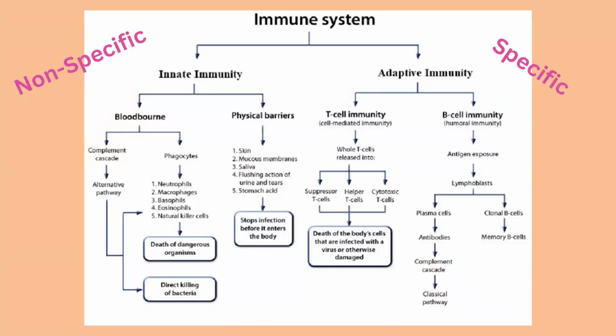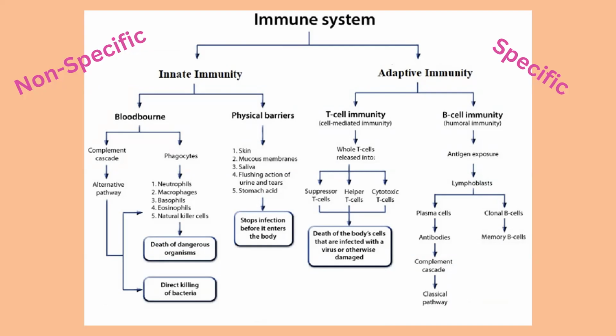So when we talk about the immune system, we break it down into a couple of different categories. So this, you don't necessarily need to memorize the entire thing, but if you do, it's a great starting point in terms of understanding the organization of our immune system. So we're going to talk a little bit about innate immunity versus adaptive immunity. And you see my other labels here of non-specific and specific. And so we'll talk about why those go hand in hand.